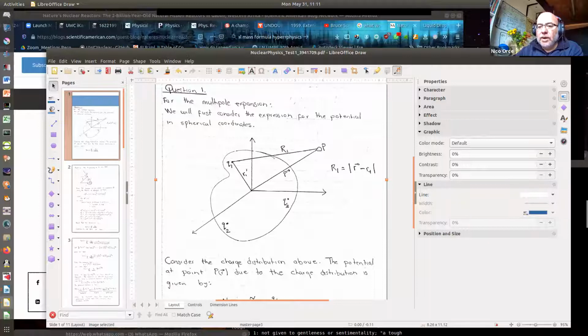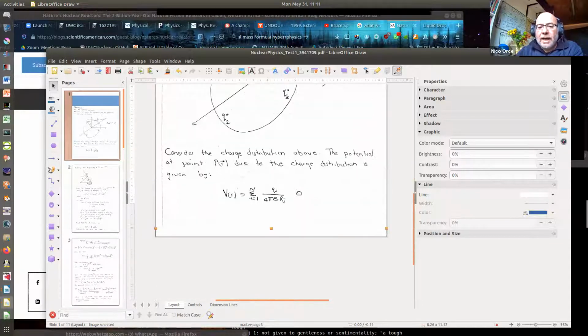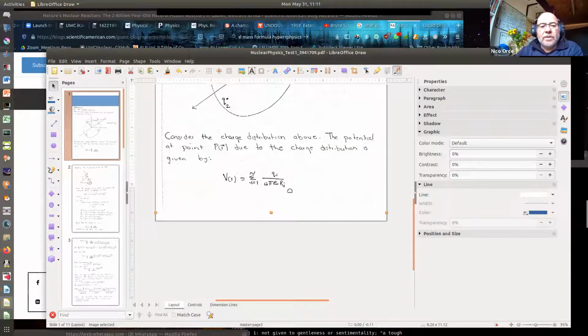If the point where we want to measure the electric potential is close by to the charge distribution, we cannot apply the expansion. So these are the things that we need to say, not just copy and paste, but we must understand why this approach is happening.